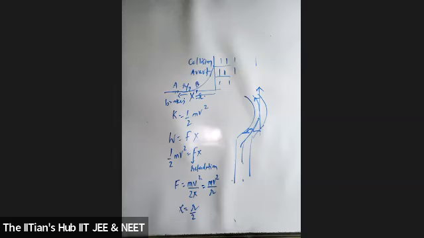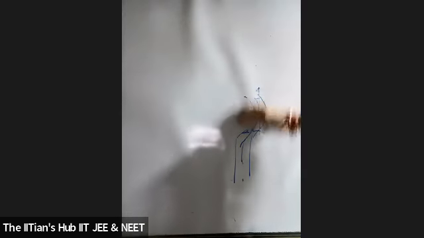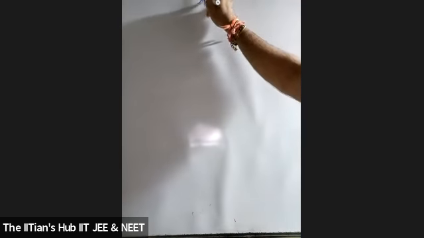The next one, 4th and 6th. Sir, I guess we have already solved the fourth one. Oh, that is tangential and centripetal, isn't it? Yes, sir, net acceleration. Okay, fine. Do the 6th one then. Okay, answer.